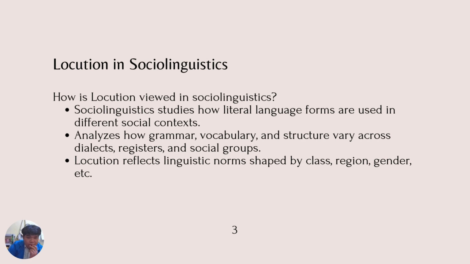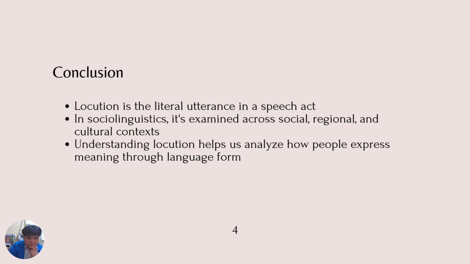Locution reflects linguistic norms shaped by class, region, gender, and so on. The conclusion: locution is the literal utterance in a speech act. In sociolinguistics it is examined across social, regional, and cultural contexts. Understanding locution helps us analyze how people express meaning through language form.